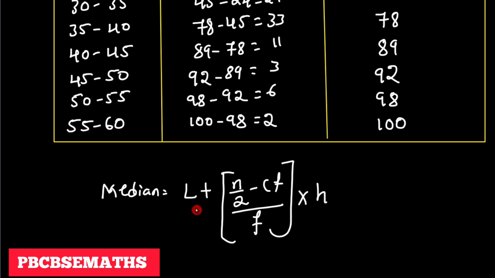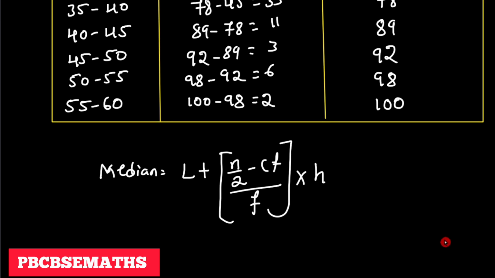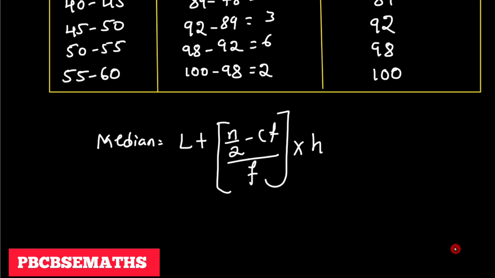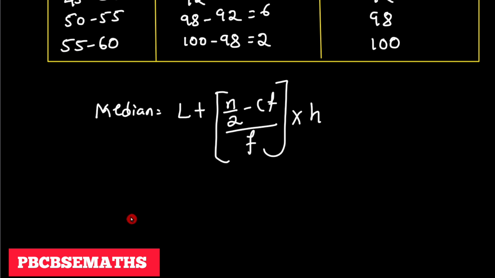For that, let's calculate the L value, n by 2, cumulative frequency, and class width. L means lower limit of the median class. So for that, let's first find the n by 2 value. We know that the value of n is 100, that is the total of frequencies. So n is equal to 100. Then n by 2 gives us 100 divided by 2, which is equal to 50.